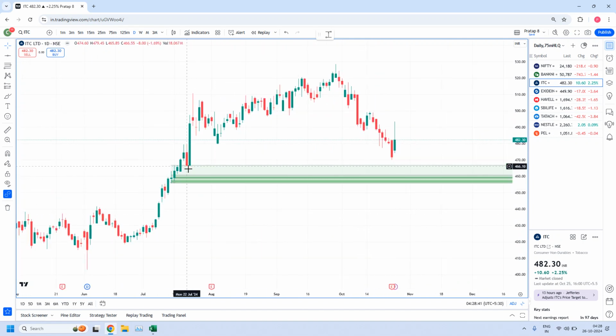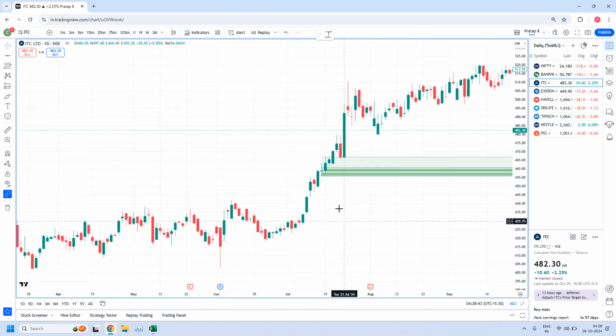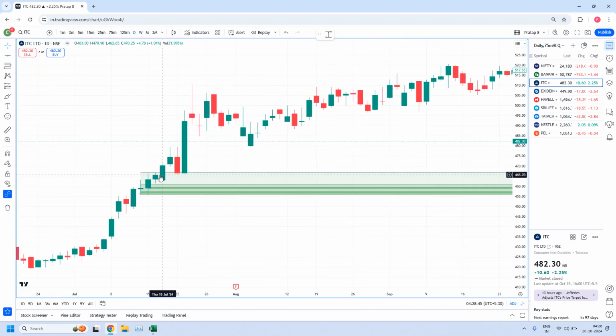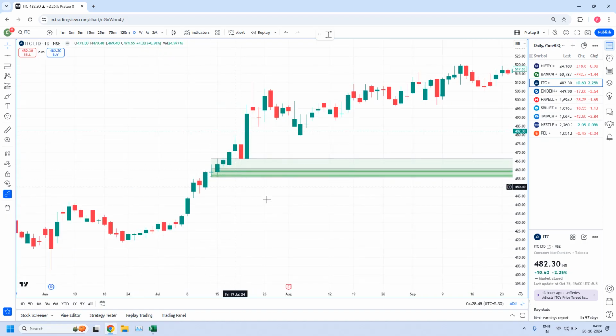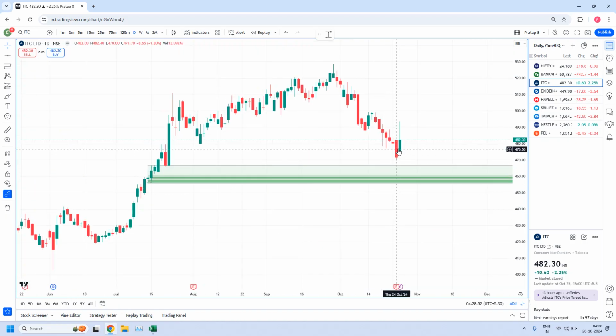This is a rally, base, rally. We have a rally candle. You have 1, 2, 3 base candles and then a rally candle. This is what our software identified as a daily high liquidity zone. But price today did not enter into this zone. In fact, today ITC is bullish.